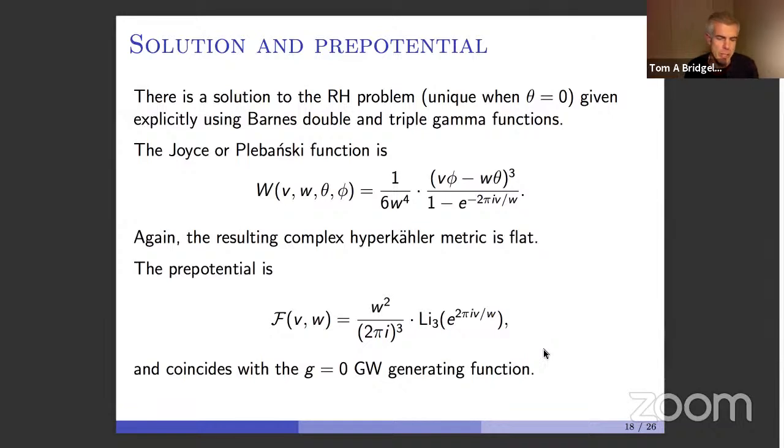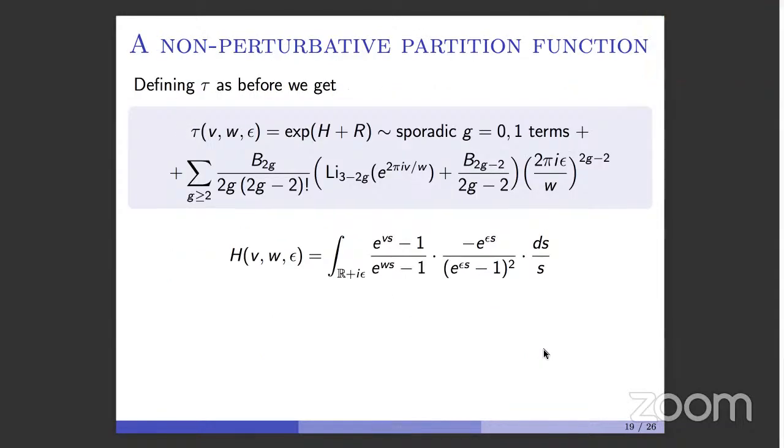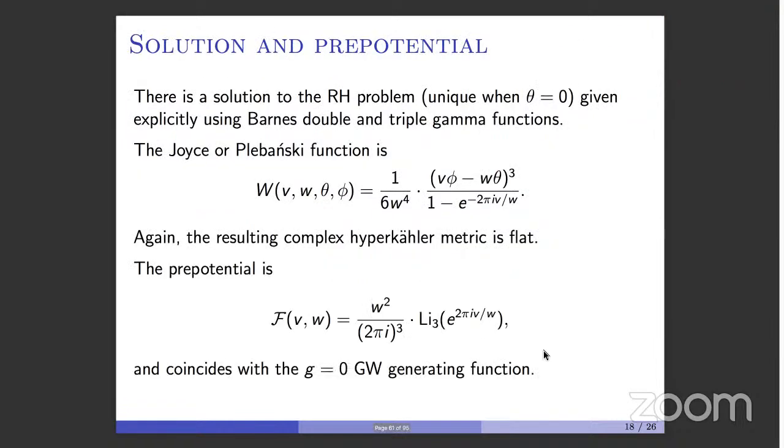Tom, are you sure about the argument of the trilogarithm? It's exponential of v over w and not w over v. You're sure? Yeah, it's v over w because tensoring by a line bundle replaces v by v plus w, because w is the 0-brane charge and v is the 2-brane charge. I see.